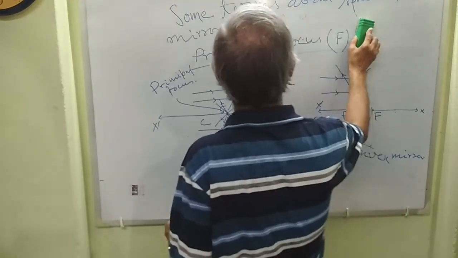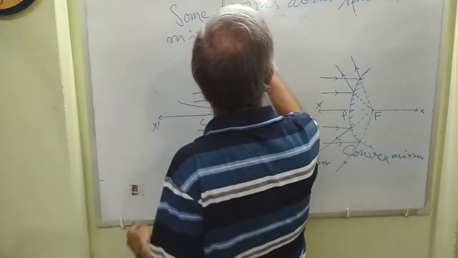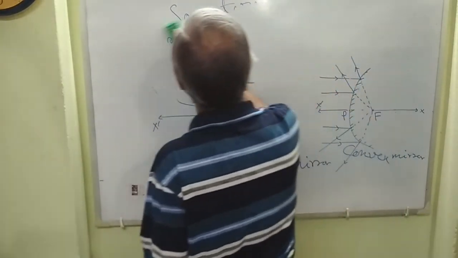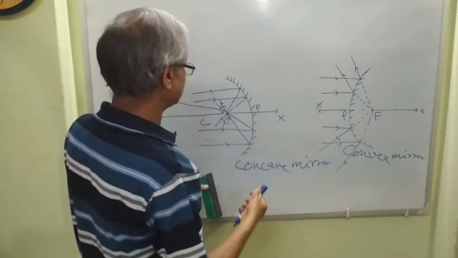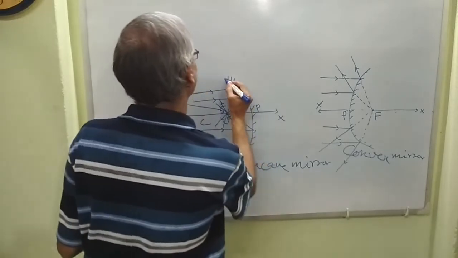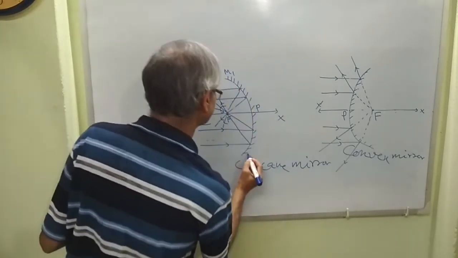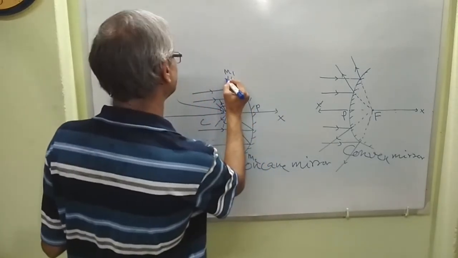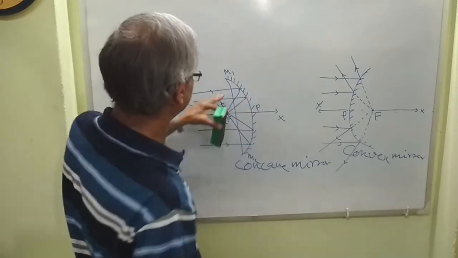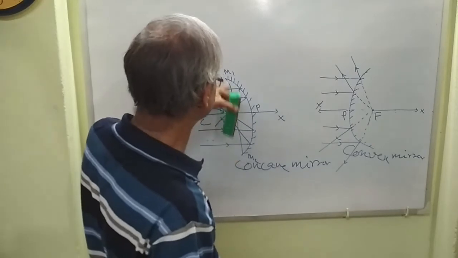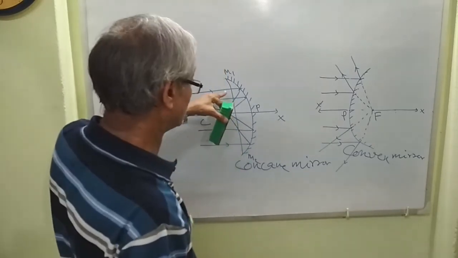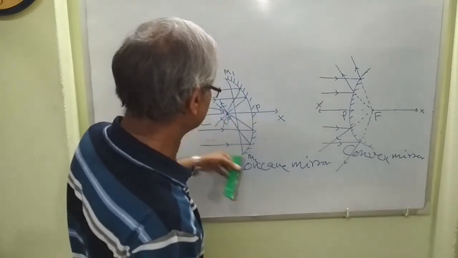Now, the aperture of a mirror is of two types. One is if we connect M1 to M2, then it is also called the aperture. It is the diameter in this case, though it is not actually the diameter of the spherical mirror.